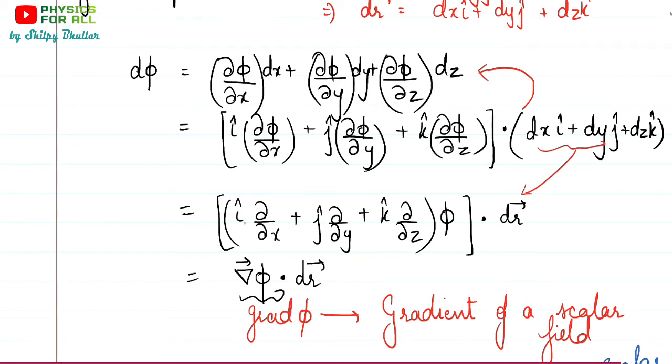The directions are there, and curly by curly x means partial differentiation with respect to x and y and z. But of what? Partial differentiation of what is always missing in del. So del always waits for something. Any scalar or vector can fit here. Right now we are fitting a scalar here.